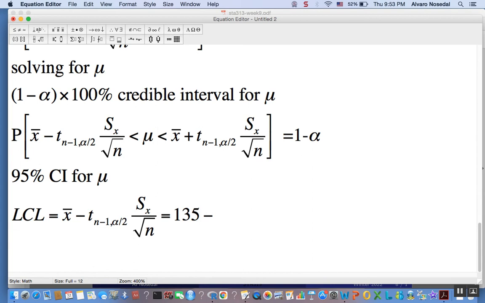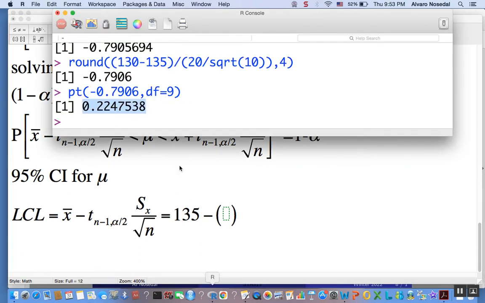I'm going to be using R to find that critical value, coming from a t-distribution with 9 degrees of freedom, such that the area to its left is 0.025.